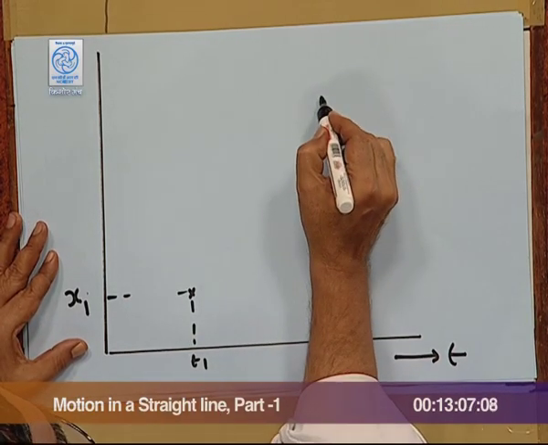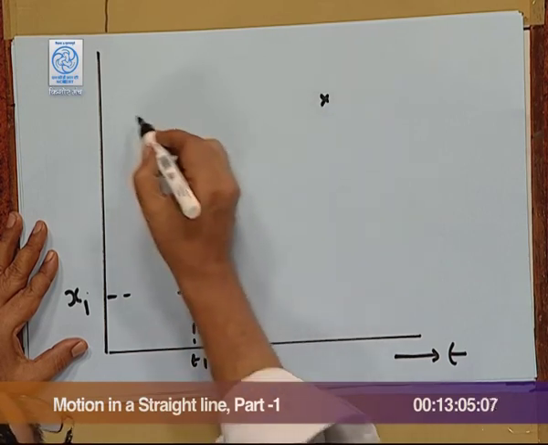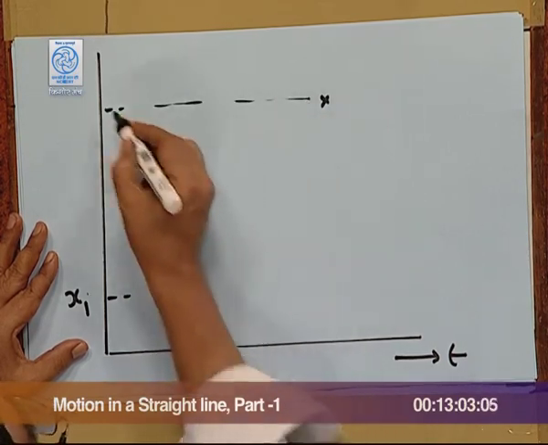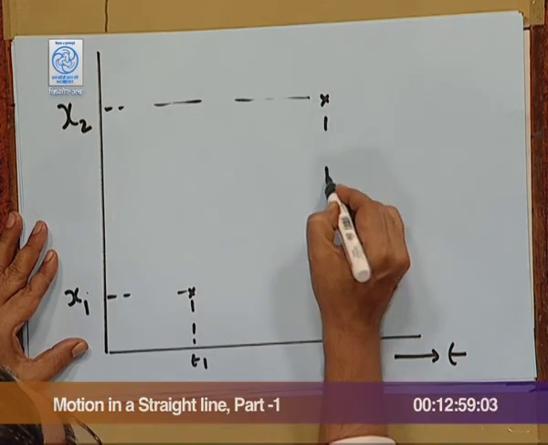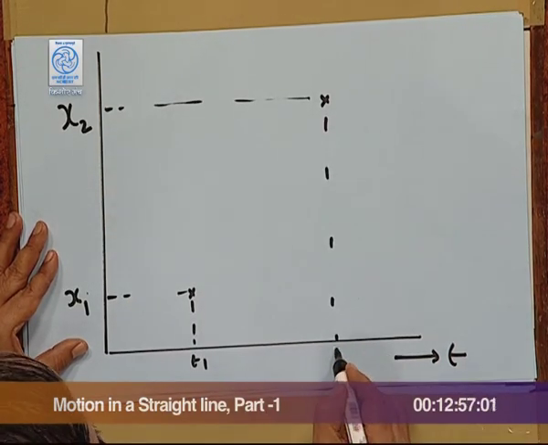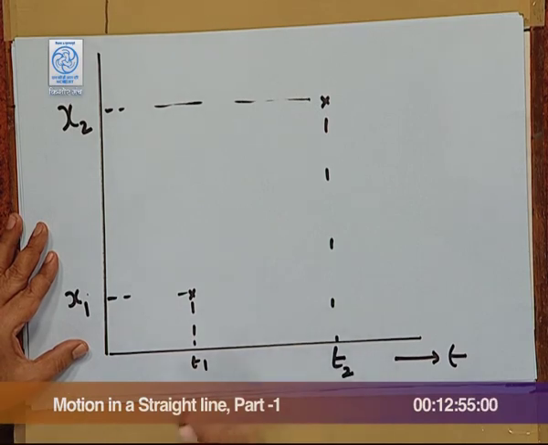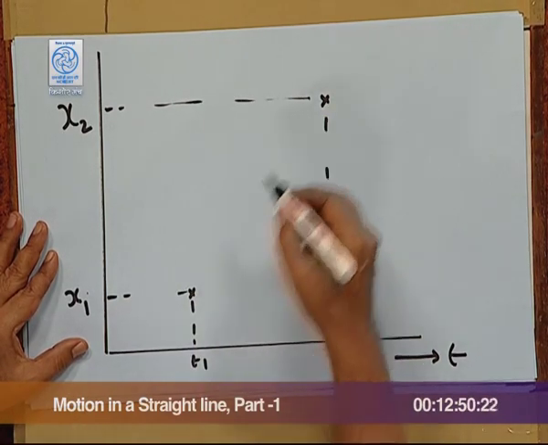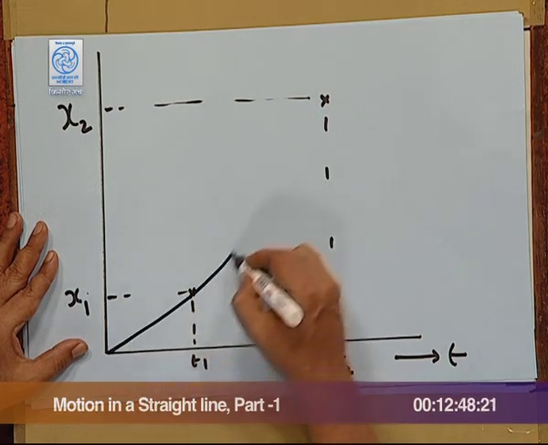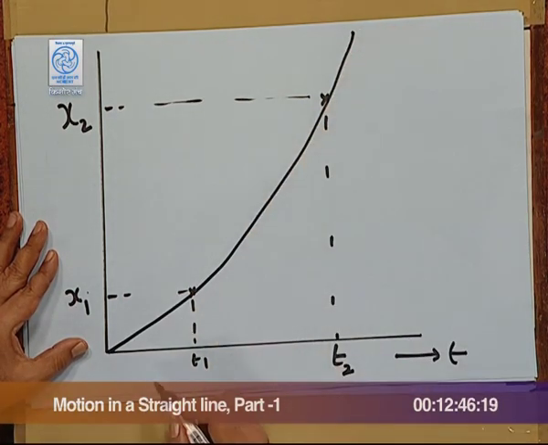Now, point Q has its x coordinate x2 and its time coordinate is t2. Now, the object has moved from point P to point Q. As a function of time, the variation is this.